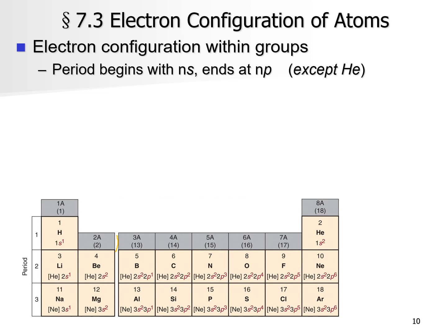So for hydrogen, n is equal to 1 because hydrogen is in the first period. And the period ends at nP. Of course, helium is the exception. Helium actually should go on top of beryllium, but we put helium on top of neon for the obvious reason, because helium is also a noble gas. It doesn't have any chemical reactivity whatsoever.